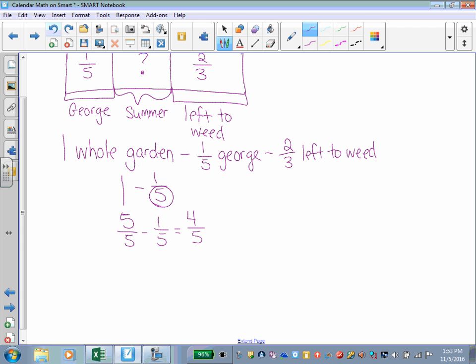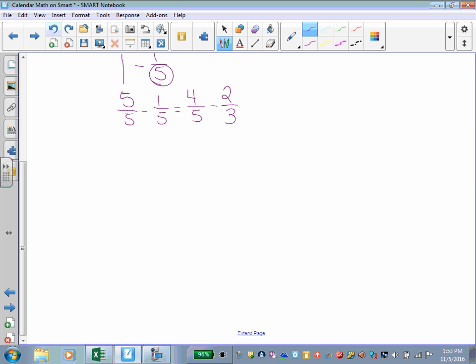Alright, now Summer weeded some, but we still don't know what that is. So after Summer weeded, there were 2/3 of the garden left, so we're going to subtract 2/3 from the 4/5. In this case, again, you are going to have to find a common denominator for 5 and 3. Looking at those two numbers, you can tell that there's not going to be another common denominator for 5 and 3 other than 15.